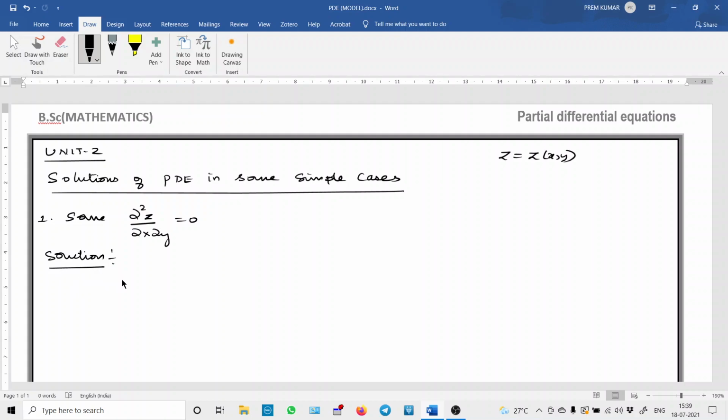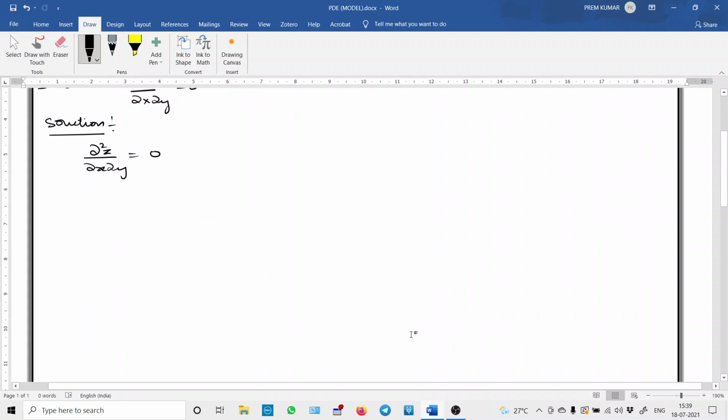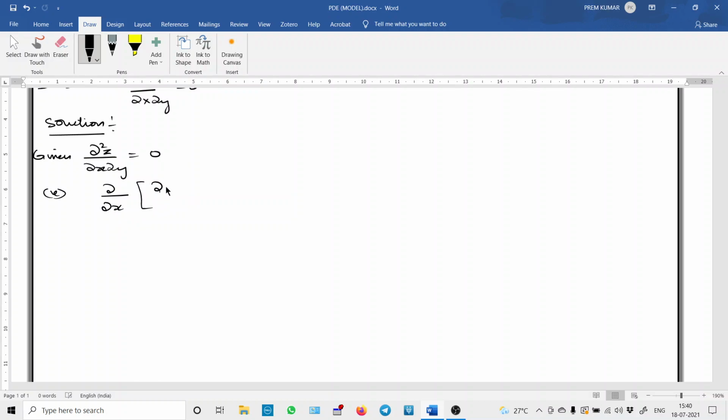So the above partial differential equation can be written as, actually this is the given partial differential equation. I simply write it like this: this can be written as ∂/∂x of ∂z/∂y.